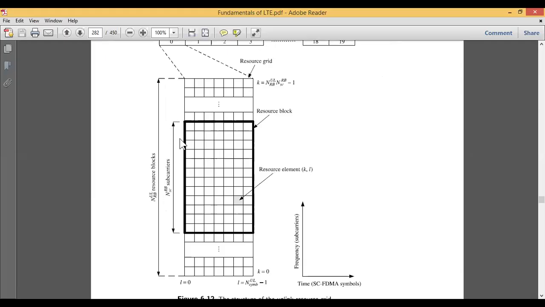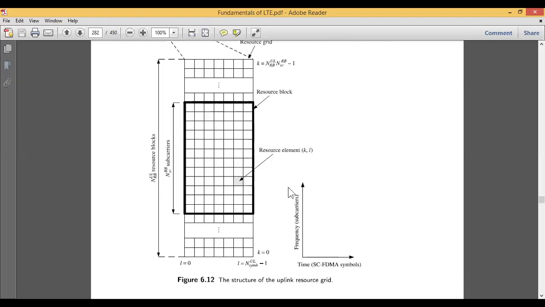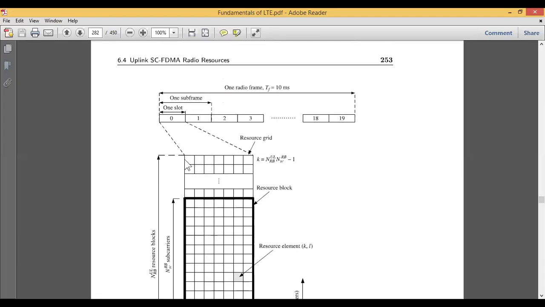Towards this part we see the number of subcarriers, and this arrow marks the resource block. The total number of resource blocks starts from k equal to 0 till k equal to some number minus 1. In a simple way, you can take this structure as along time, that is, with respect to symbols versus subcarriers. The grid consists of frames.